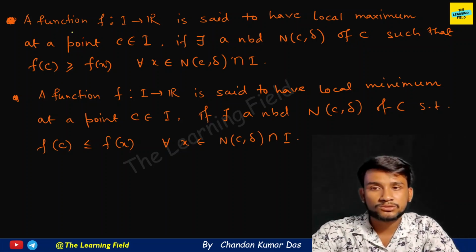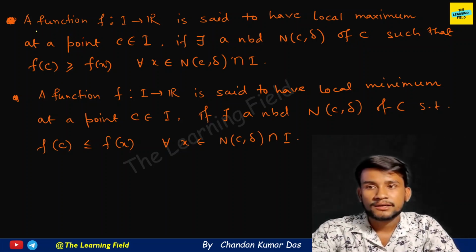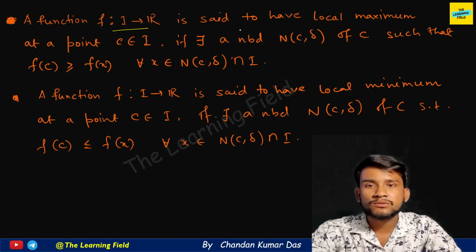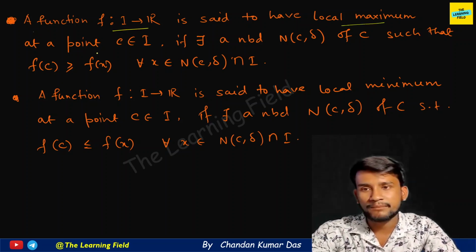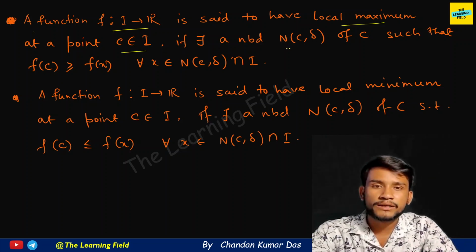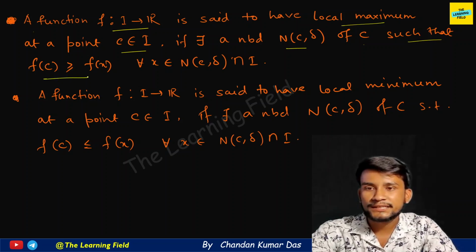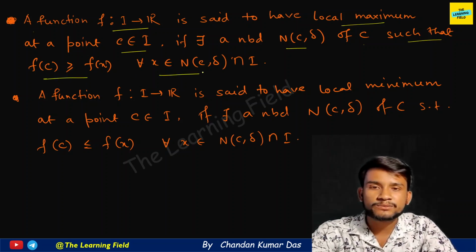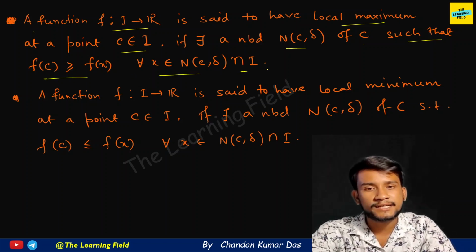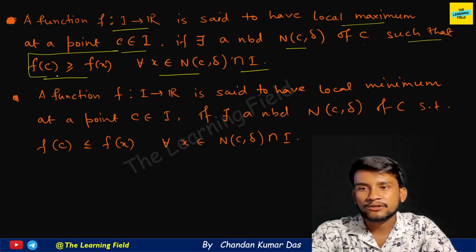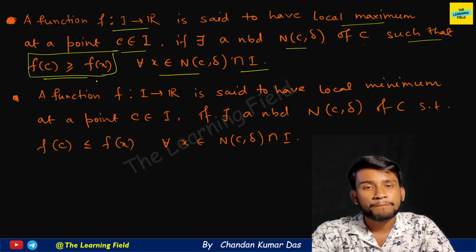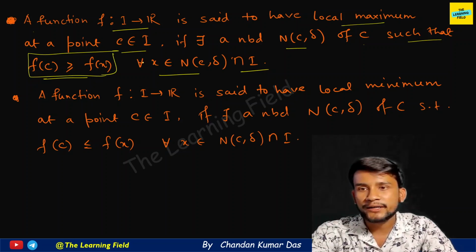A function f from I to R is said to have a local maximum at a point c belonging to I if there exists a neighborhood N(c, delta) of c such that f(c) is greater or equal to f(x) for all x belonging to N(c, delta) intersection I. This is the definition of local maximum at a point c.